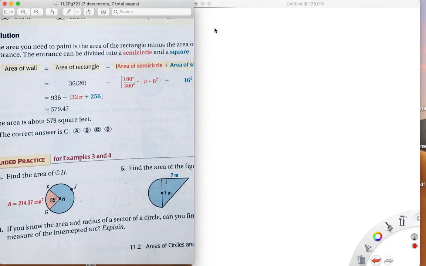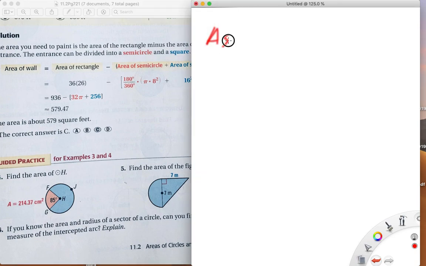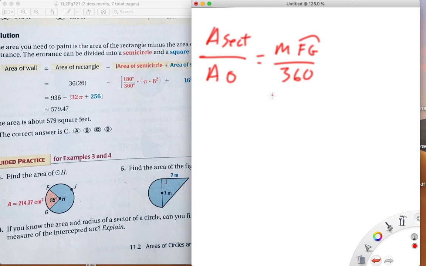So area of the sector over area of the circle is equal to the measurement of the arc length of, in this case, FG over 360 degrees.